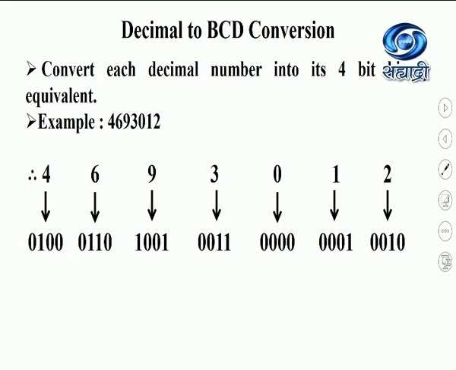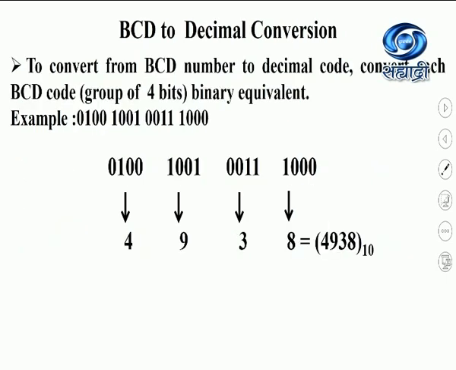For 6 we have 0110. For 9, 1001, for 3, 0011. For 0, 0000. For 1 we have BCD code 0001. For 2, 0010. So in this fashion we are going to convert decimal number into its equivalent BCD code.